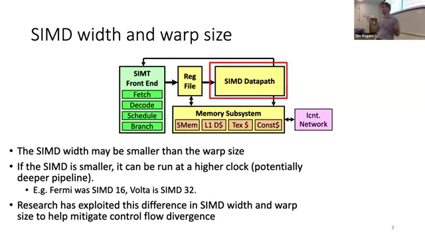Exactly. If I get lucky and some group of 4 is empty, if I have control flow divergence, let's say half of the warp goes to the if and half goes to the else, I'm only going to do 16 threads. If my SIMD width is 4, then I only really need to beat this 4 times, and then I don't have to beat it the other 4 times because I know that they're all going to do nothing.